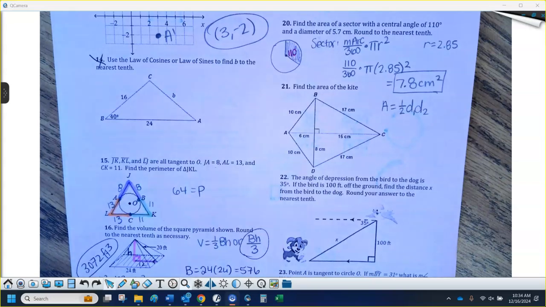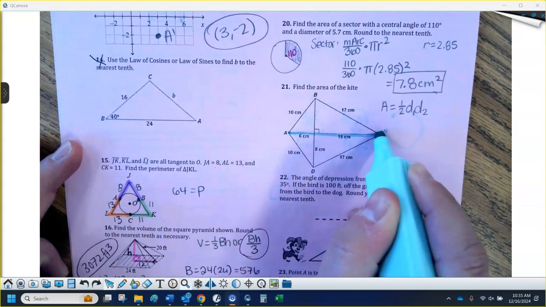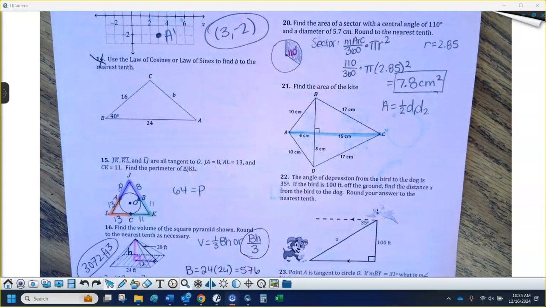Okay, this would be one of them. Segment that connects two non-consecutive vertices. You remember? Yes, diagonal. Okay, so it's just a diagonal. A diagonal just connects two vertices that aren't next to each other.